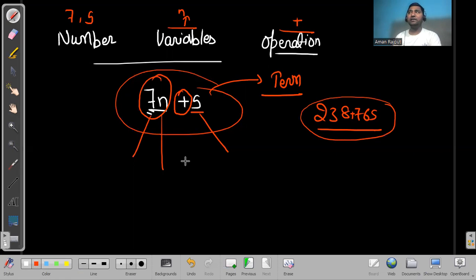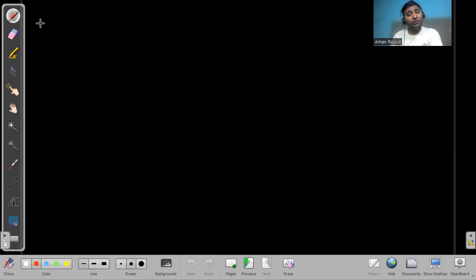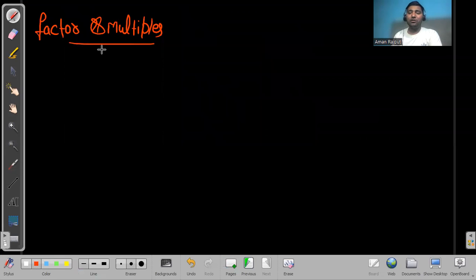We have different types of terms, which we are going to discuss further. First of all, we have to know what factors and multiples are. I think you have learned the table of 5: 5 sevens are 35.